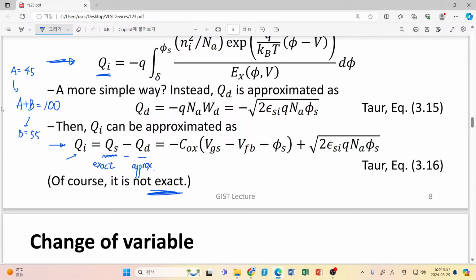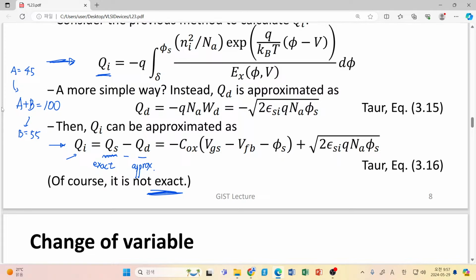But if A is not exact, although their sum is exactly 100, our estimation of 55 for B is also approximate. So this is the situation. I mean that the QS expression is quite accurate, but the point is our approximation of QD, where we will just use this depletion approximation.